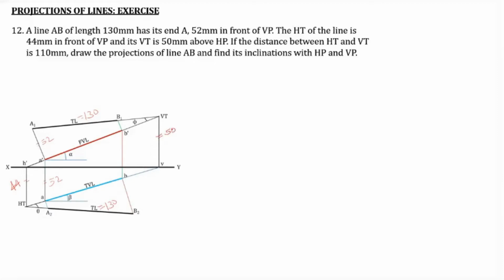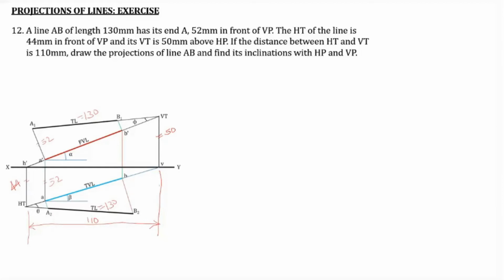And the distance between HT and VT, sorry, the distance between this line and this line, if we consider this distance, should be equal to 110 millimeter. Distance between HT and VT is 110. This distance is 110.